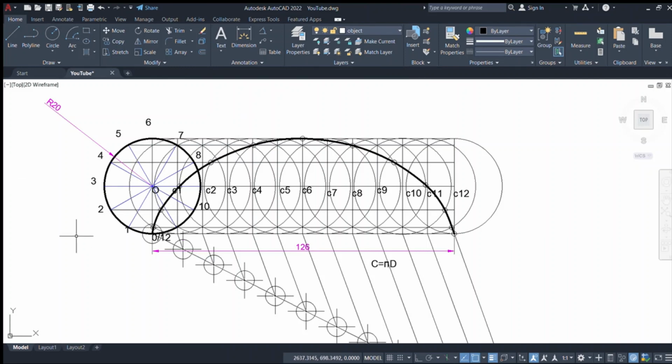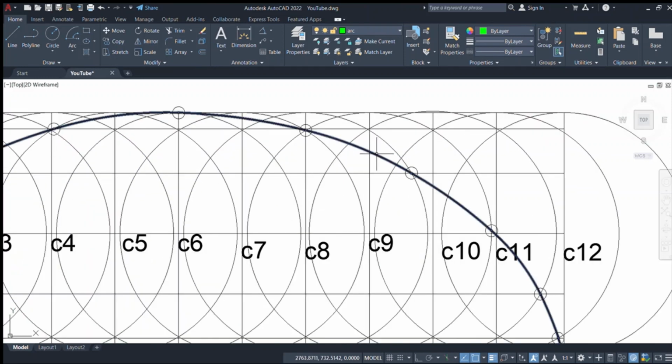So the next thing, let's draw the normal to this curve at any point. For me, I want to draw it at this point, so I will mark this point. This is the way I want to draw it.